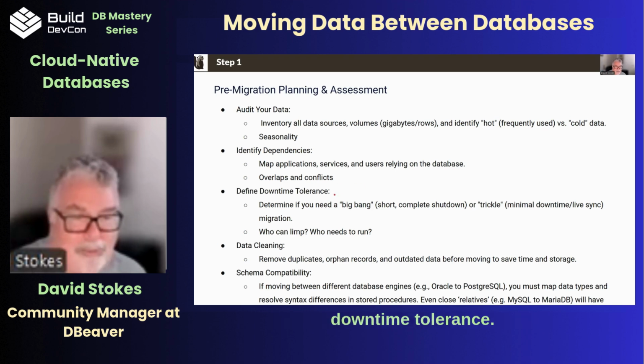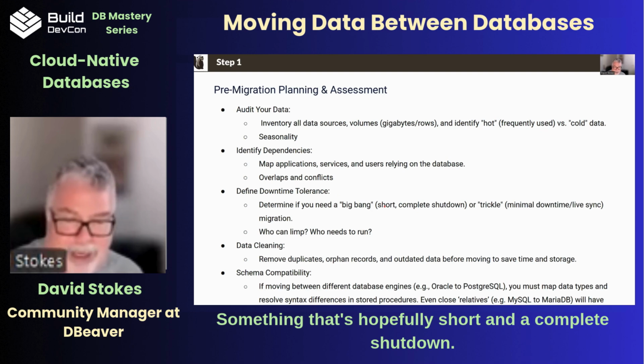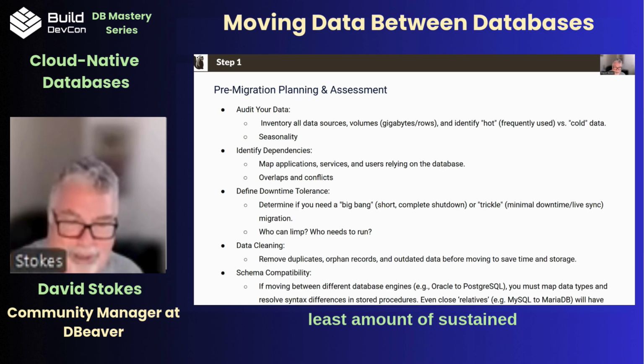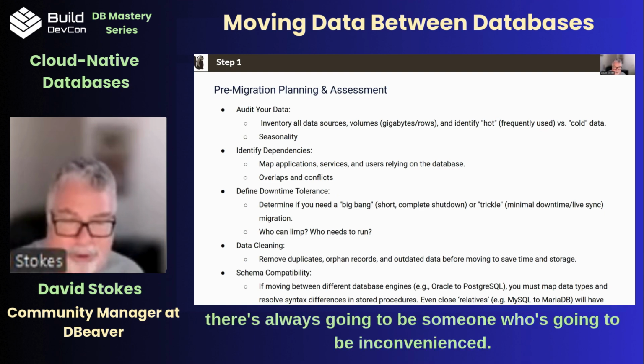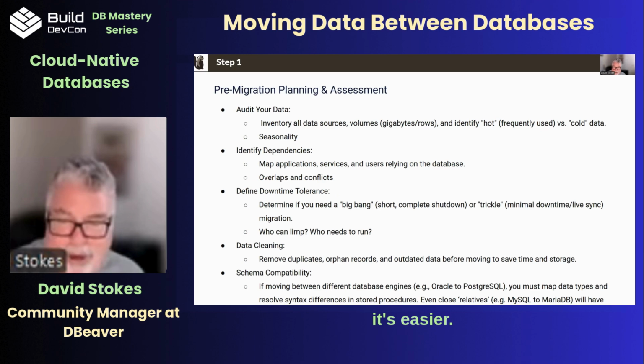Also, downtime tolerance. Are you going to do everything all at once? Something that's hopefully short and a complete shutdown. This is my preference because it gives the least amount of sustained pain to people. Unfortunately, there's always going to be someone who's going to be inconvenienced. And usually if you inflict what you can over the shortest period is easier.